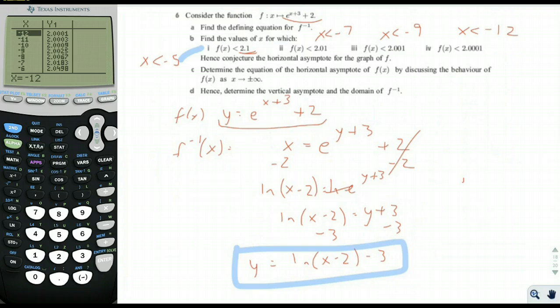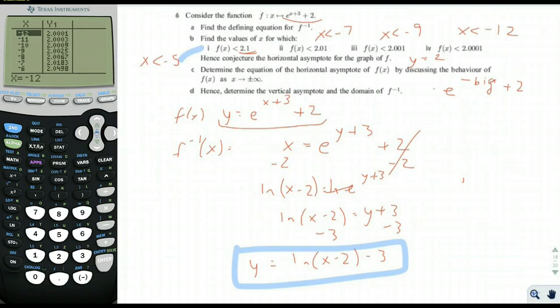Hence conjecture the horizontal asymptote for the graph of f. Well, it looks like the horizontal asymptote is at y equals 2, right? Determine the equation of the horizontal asymptote by discussing the behavior of f of x as x approaches positive or negative infinity. Well, let's see. If you put a really big number in for x, what you end up with is e to the negative of a really big number plus 2.